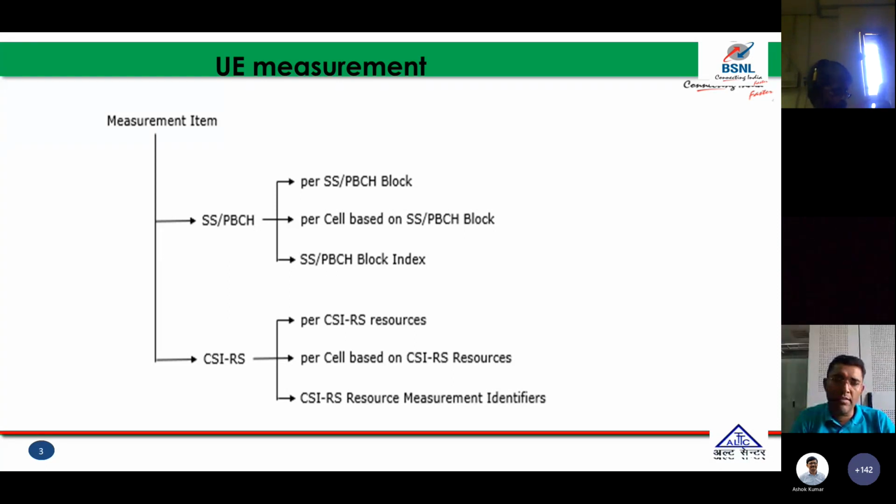Likewise, CSI-RS is also measured per CSI-RS resource allocated to the particular UE in the connected mode, per cell basis, and with CSI-RS resource measurement identifiers like the CRI beam that we have discussed earlier.